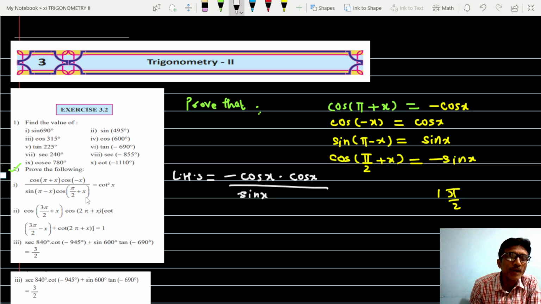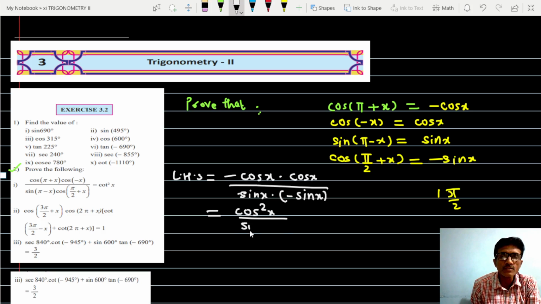And cos of pi by 2 plus x is minus sin x. So here minus cos square over minus sin square, the minus minus will cancel and it will be plus cos square x upon sin square x. So cos square upon sin square is cot square x, which is the right hand side. Cot square x is what we had to prove.